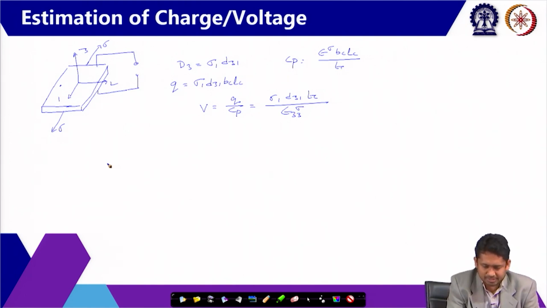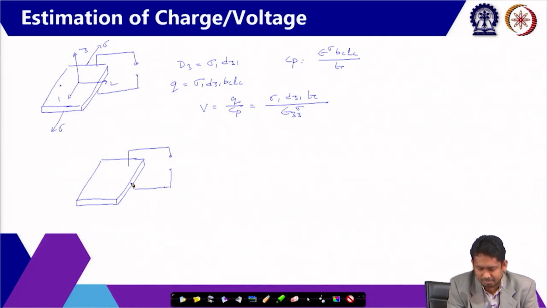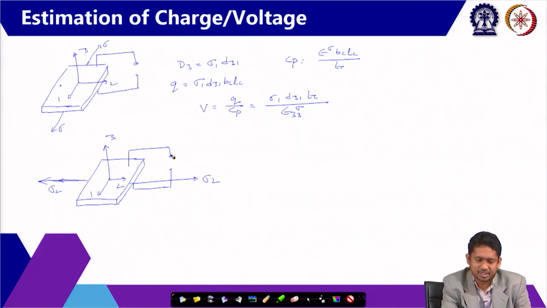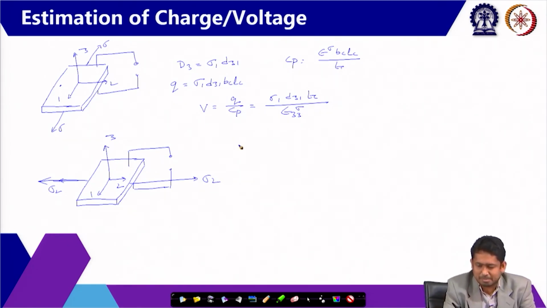Now, we look into another case where we have again a similar piezoelectric patch. Property wise it is the same patch, the only difference is that the stress is applied in direction 2. This is direction 1, this is direction 2, and this is direction 3, and we are measuring the voltage across direction 3. So, everything remains the same.